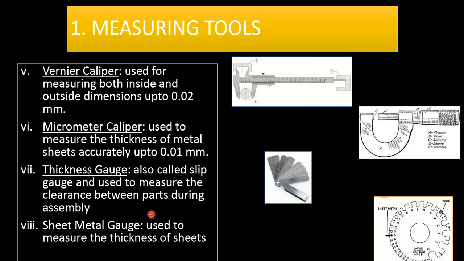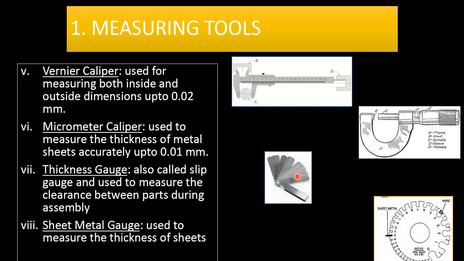Then after that, we have the thickness gauge. It is also called a slip gauge, and it is used to measure the clearance between different parts during assemblies. There are plenty of blades attached, which are nothing but gauges, each having its own thickness.